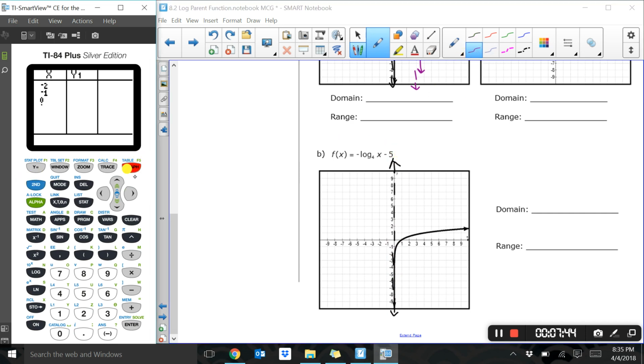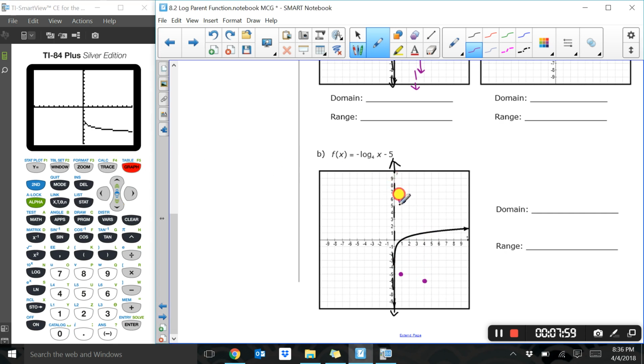So when you go to your table, don't worry about those errors. Only pick whole numbers because that's what's easier to graph. So you have (1, -5) and (4, -6). And then if we look at our picture, we can tell that it's kind of upside down. It's upside down because it reflected over the x-axis.